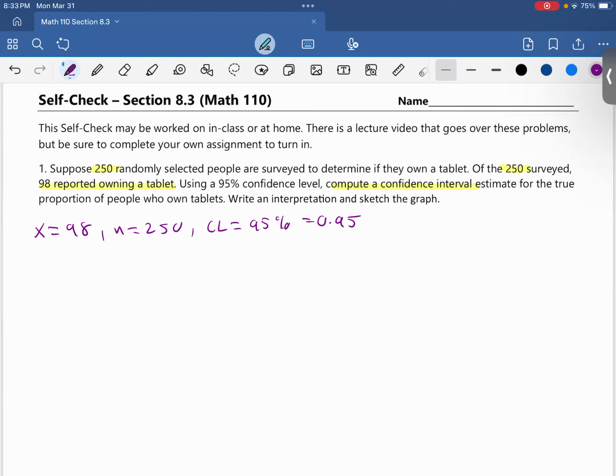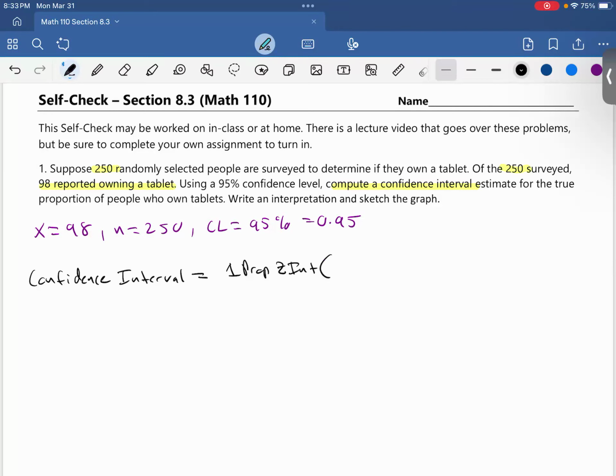If you recall, when we are constructing a confidence interval, we use one prop Z interval. So let's write that down. Confidence interval is going to be one prop Z interval.